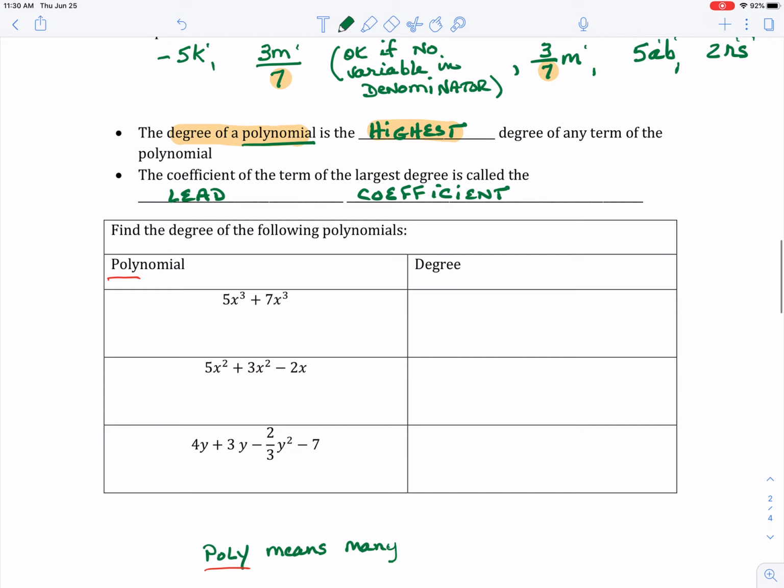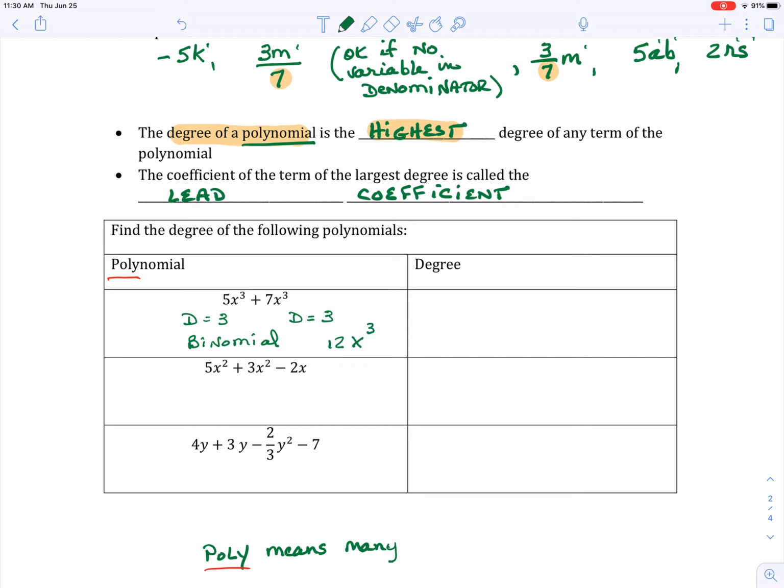So here are some polynomials. The degree on the first term is 3. The degree on the second term is 3. This thing is called a binomial. And because these are both matching, we could actually combine those.